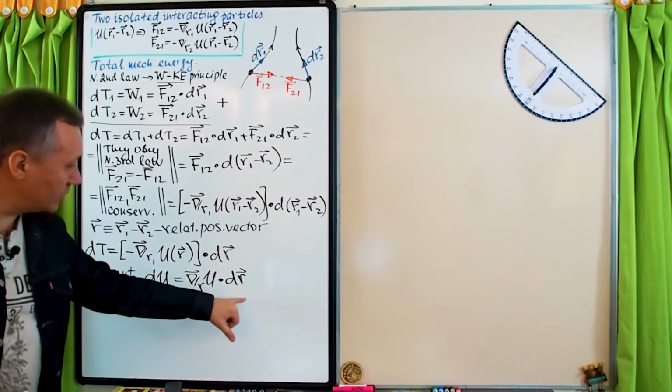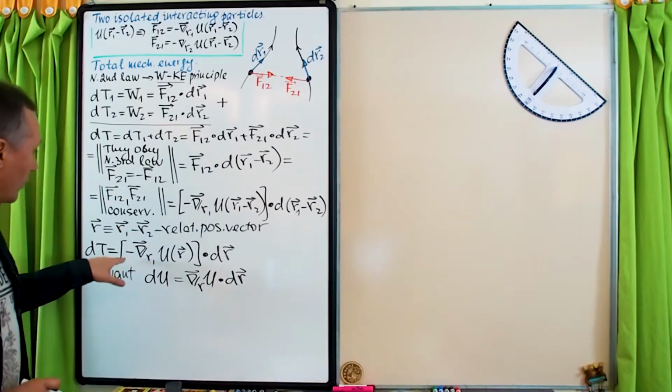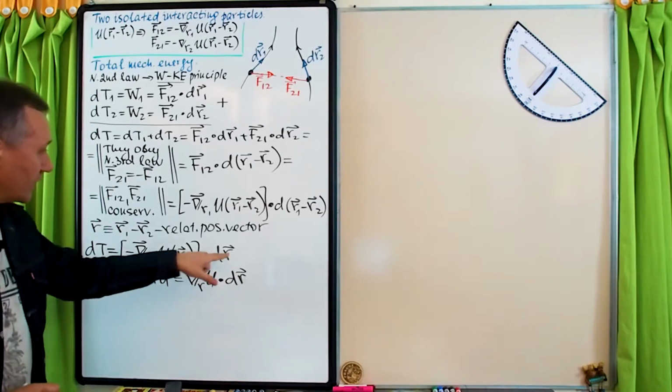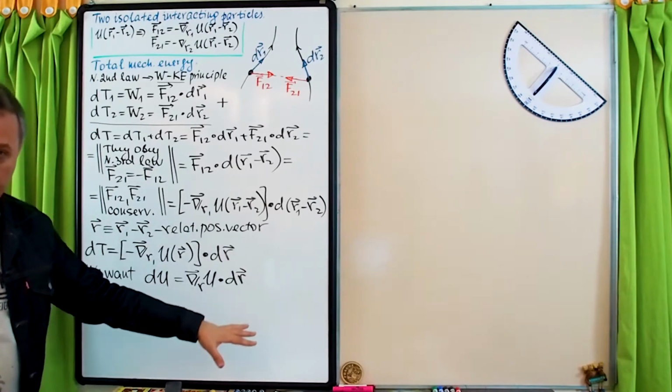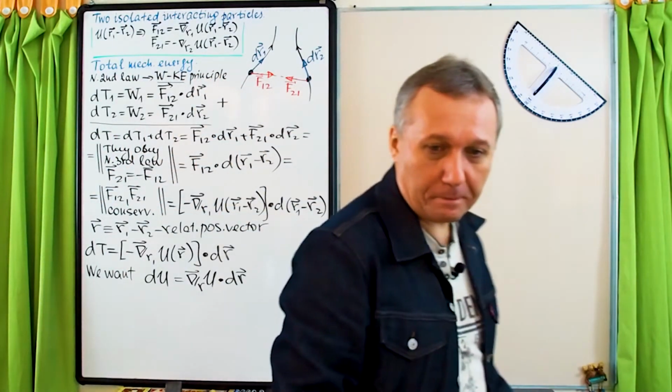I want to get to this shape, so that instead of this construction, I can write dU, the differential of U. But where is the trouble?